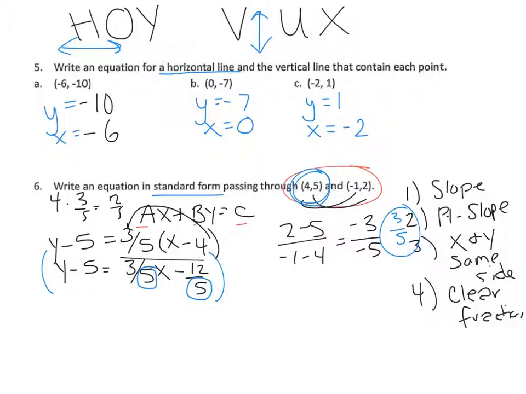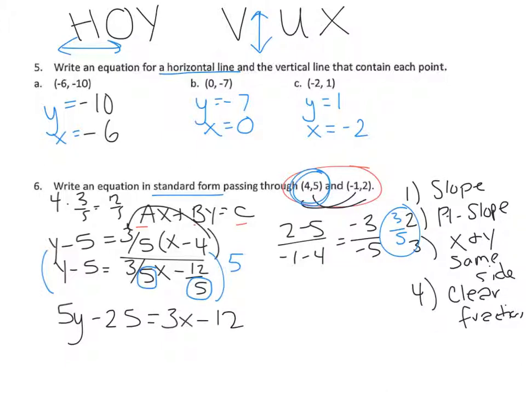It looks like I only have 5 as my denominator, so I'm going to multiply everything through by 5. When I multiply 5 times y, I just get 5y. When I multiply 5 times -5, I get -25, equals. When I multiply 5 times 3/5, the 5's cancel out, so I get 3x. When I multiply 5 times -12/5, the 5's cancel out, so I get -12. So my fractions are gone.